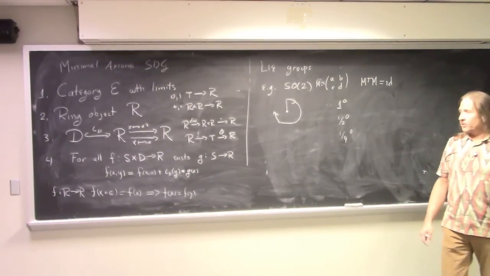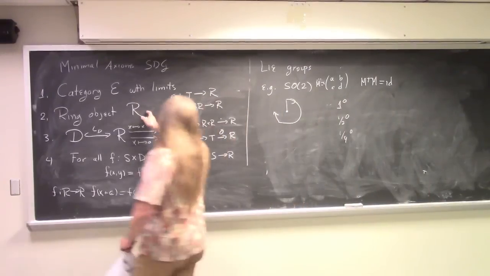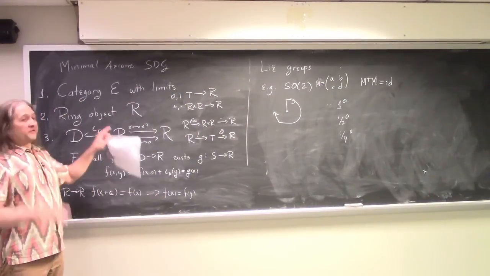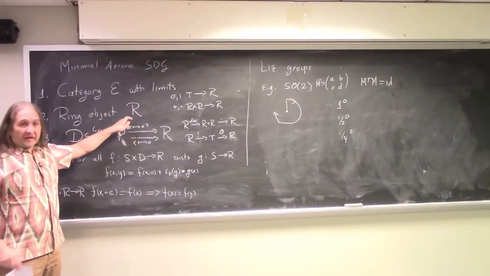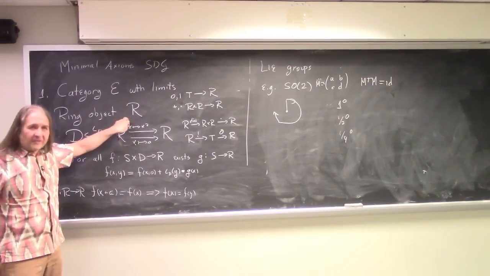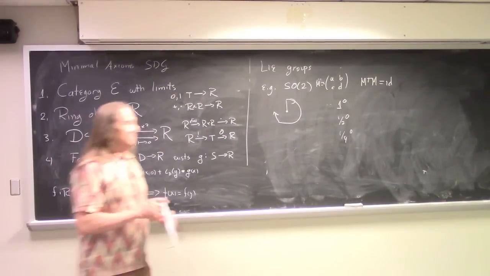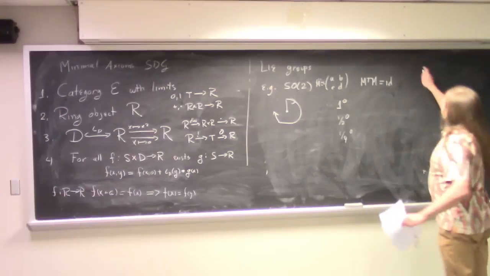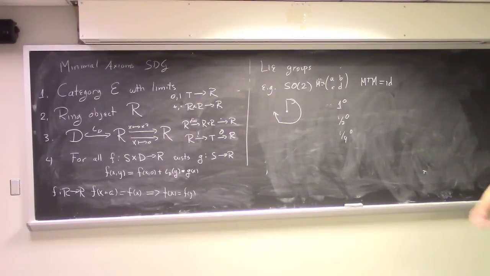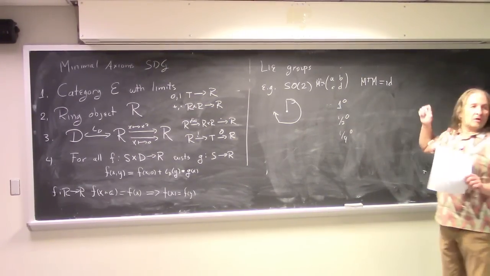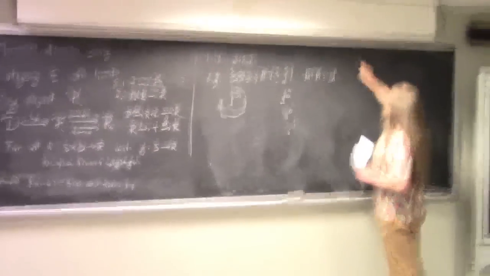So in this setup, I have my ring object R. What I mean is an internal algebra, meaning it's an object in my category which is a module over the ring object R.